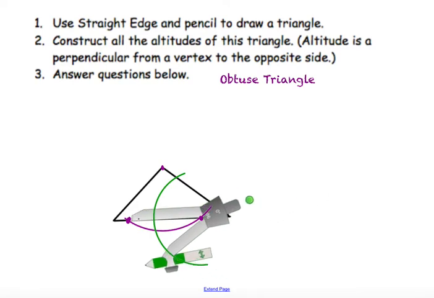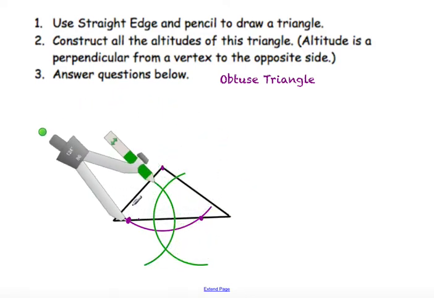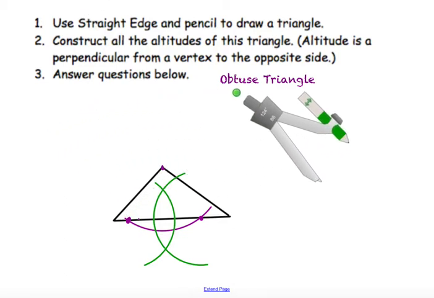Now I'm going to bring it to the other point that I just found, and I'm going to draw the arc for the other side of that. And I'm going to draw the perpendicular line that goes through there. I'm going to have to adjust that a little bit. I missed.